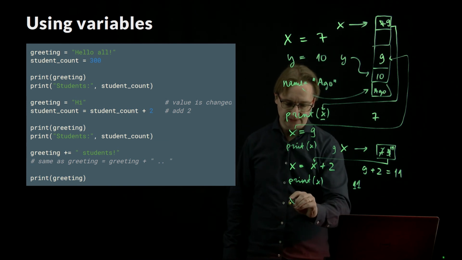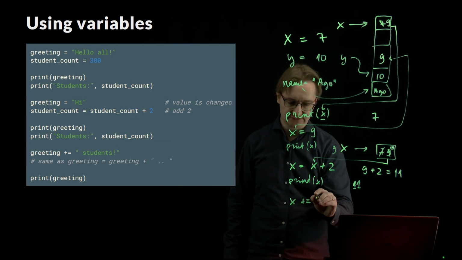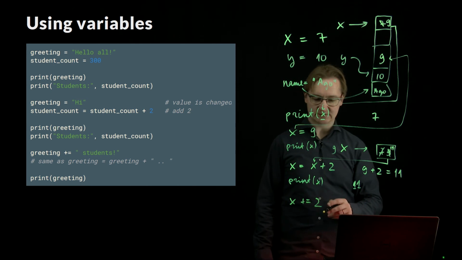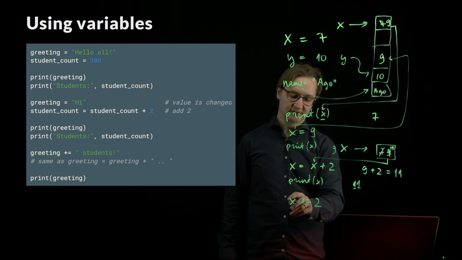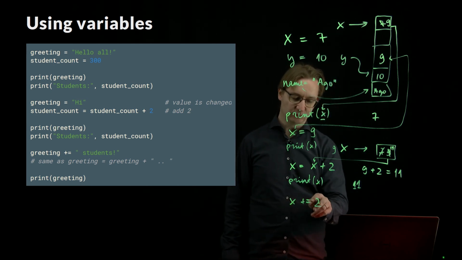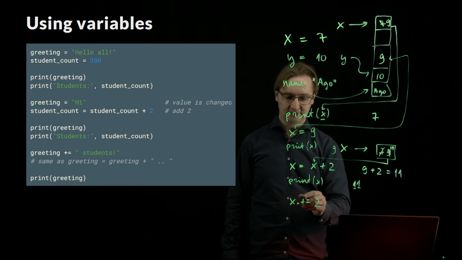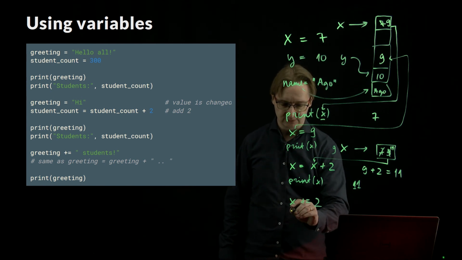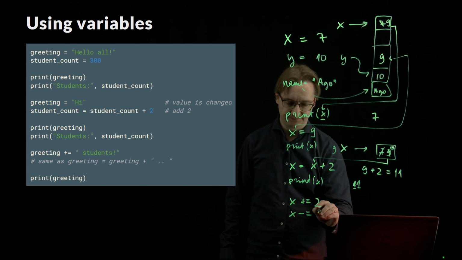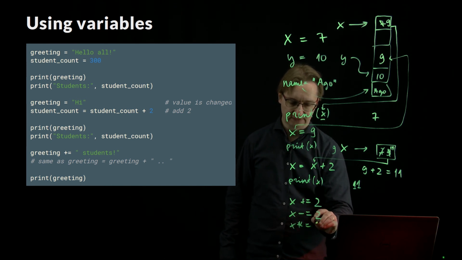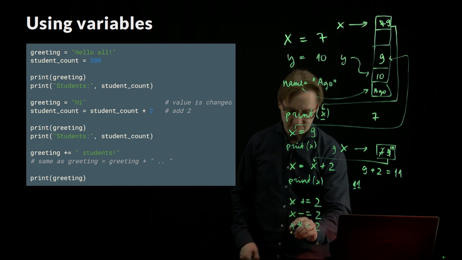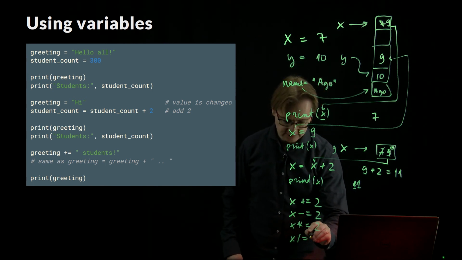I can use it like that, x plus equals 2. This is the same as adding 2 to the same variable. I could do the same with minus, I could do the same with multiplication and so on, and with division, x divided by 2 and so on.